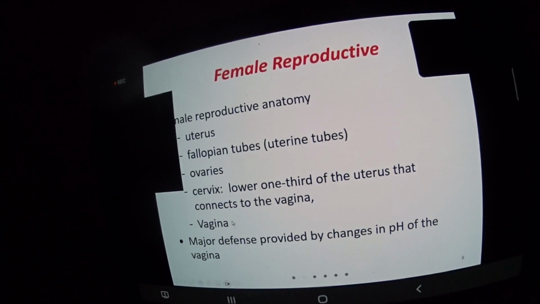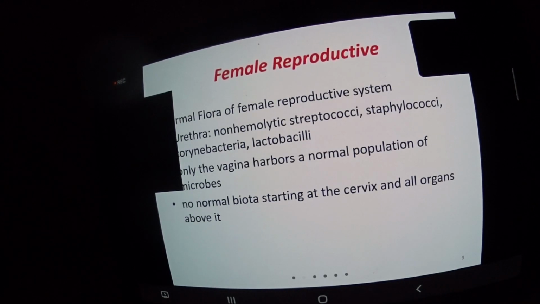The cervix can also provide some protection. The vagina is where you find the normal flora. The cervix and above should be clean. Secretions of the vaginal tract also provide some protection.